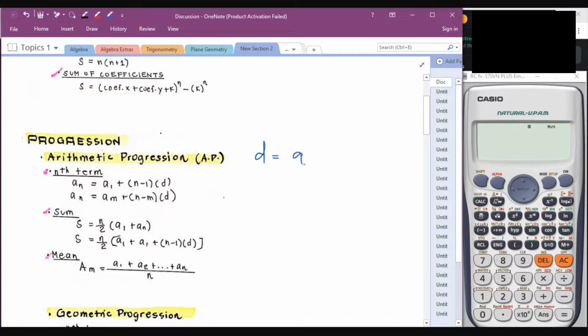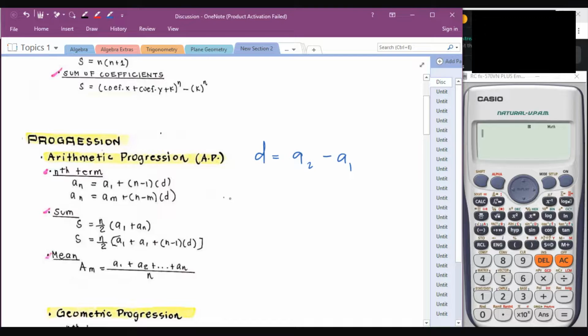That is the difference between the first term and the second term and so on. These are called consecutive terms, where the latter is the succeeding term of the previous term.